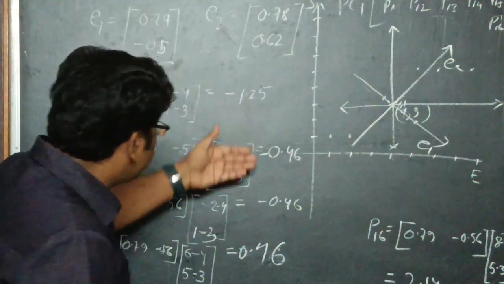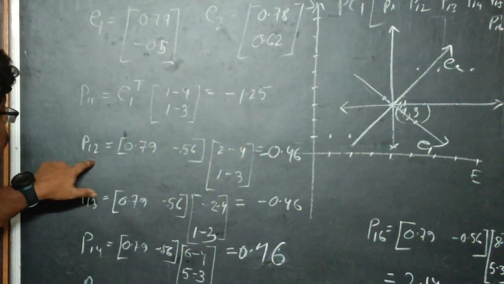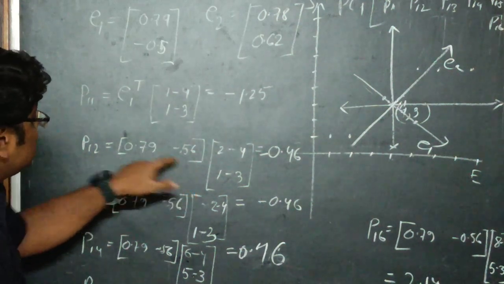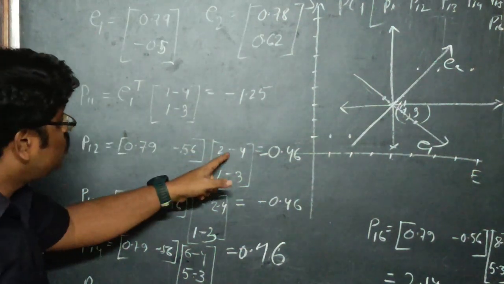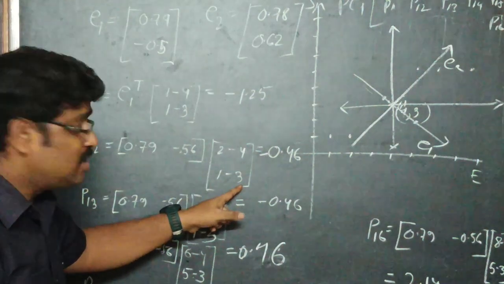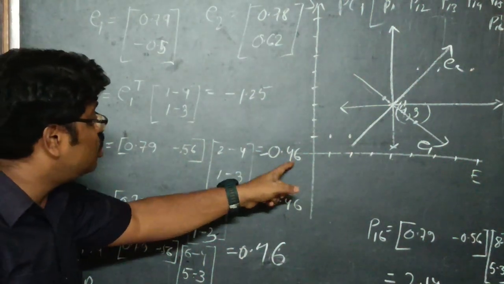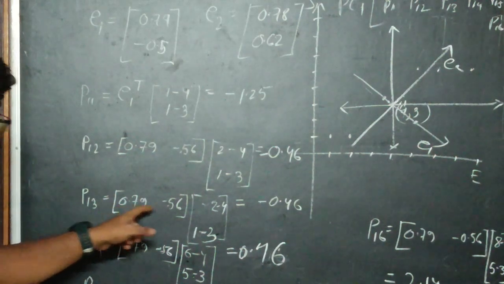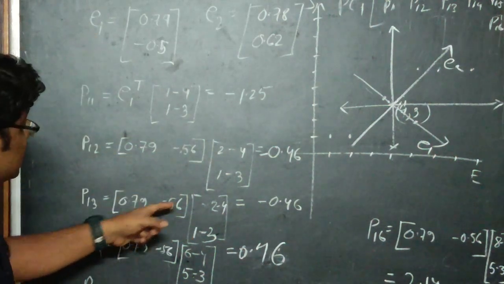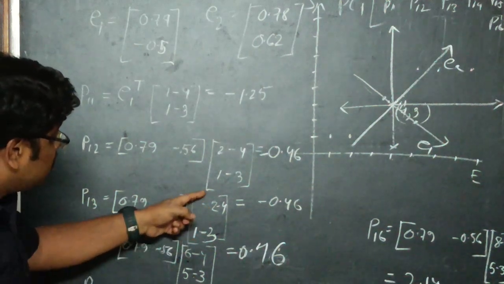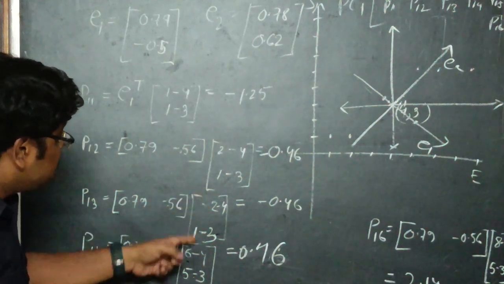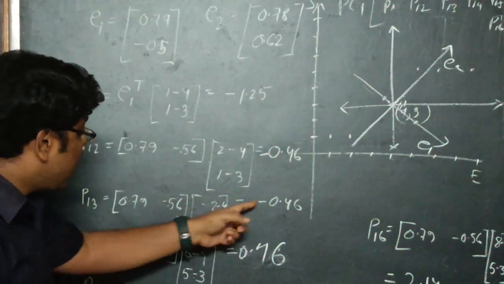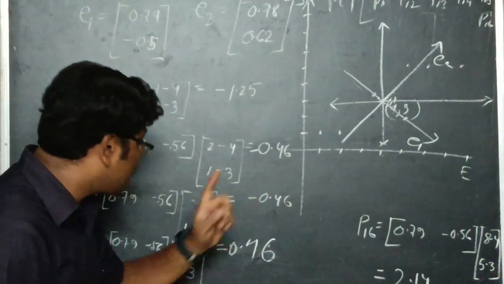In the same way, P12 is the transpose of the E1 vector times 2 minus 4, 1 minus 3, and after calculation 0.64. P13 is the transpose of the E1 vector times the corresponding marks obtained by the student minus the corresponding mean, and we have minus 0.46 after calculation.